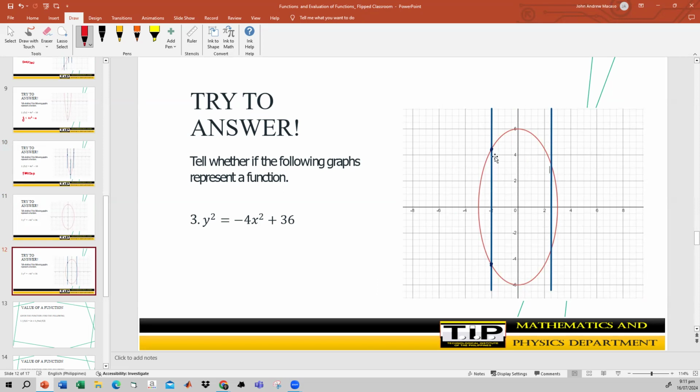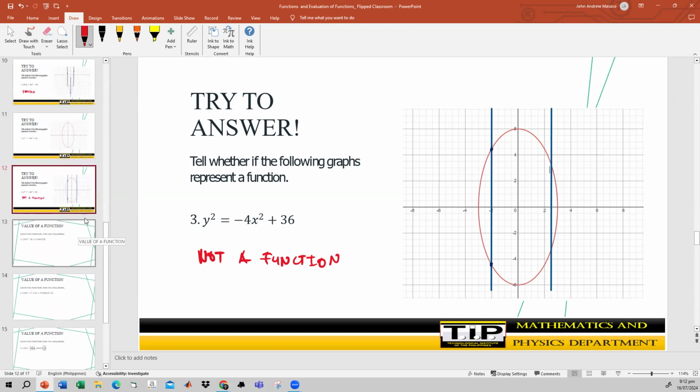If that's the case, then this equation is not a function, because it touches 2 points on the given ellipse when we draw the vertical line.